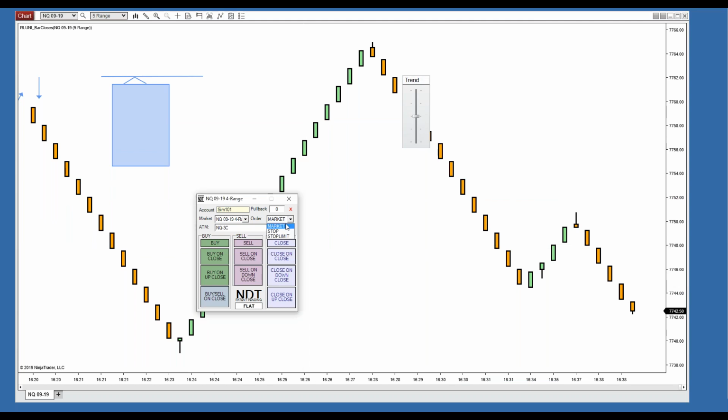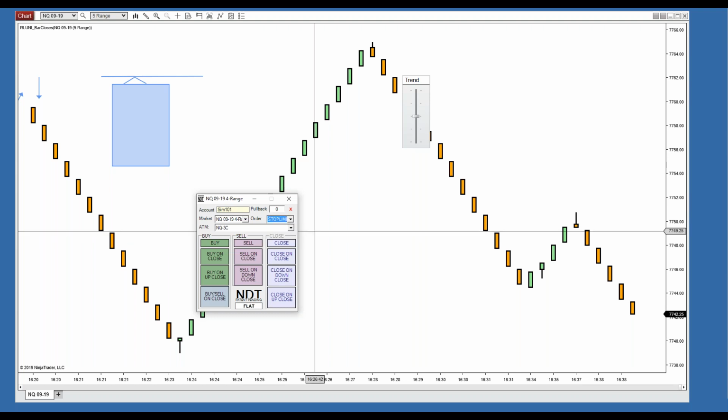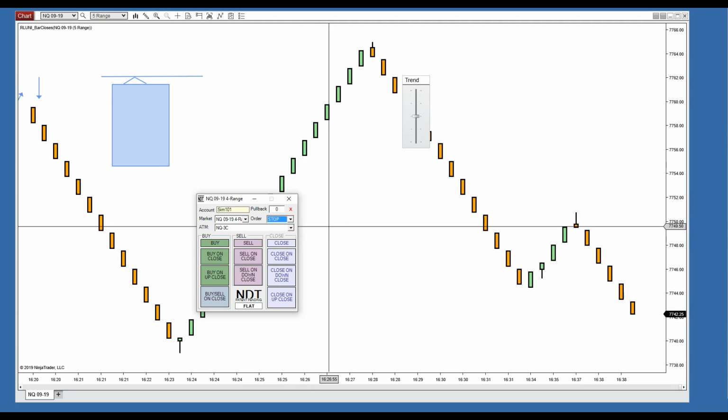The other thing is you can take a market order, you can take a stop order, or you can take a stop limit order. The kind of execution that you want is totally configurable. Now, if you're going to sell on a down close, we take a stop limit. If you want, you can take a stop.